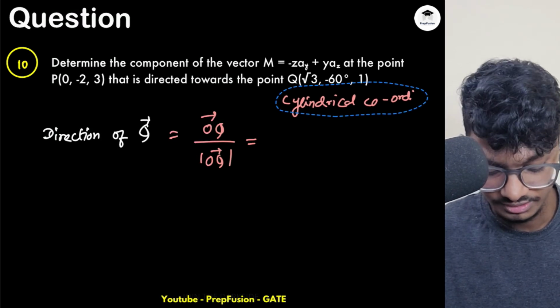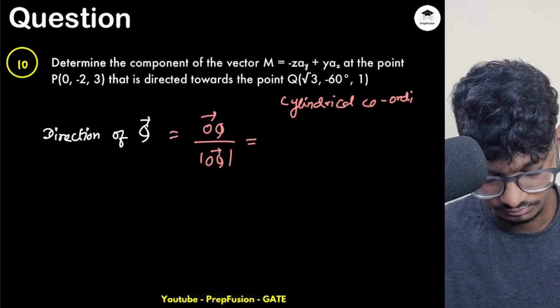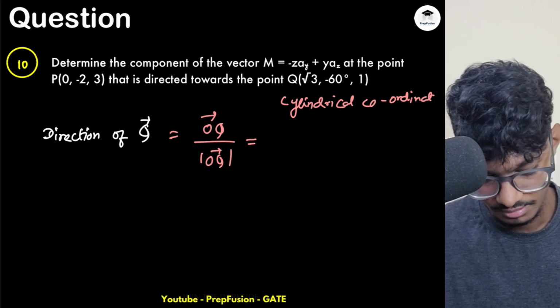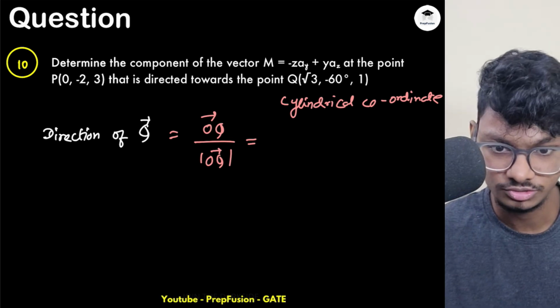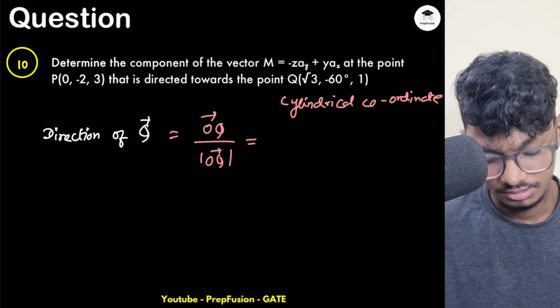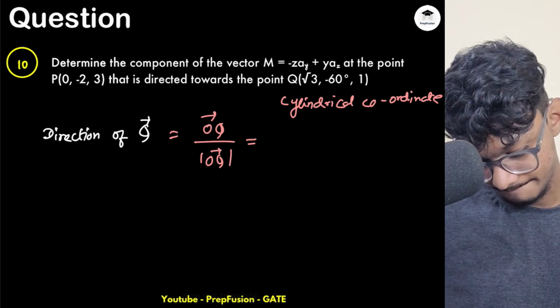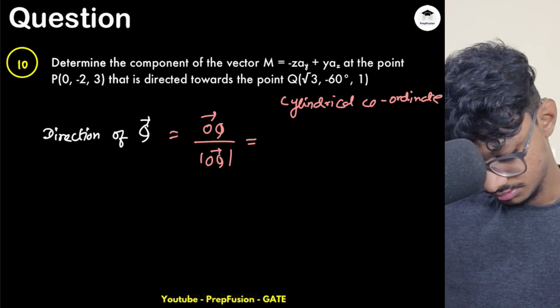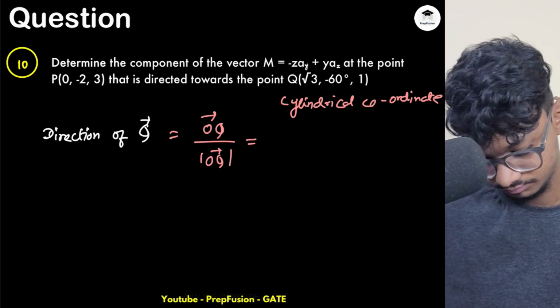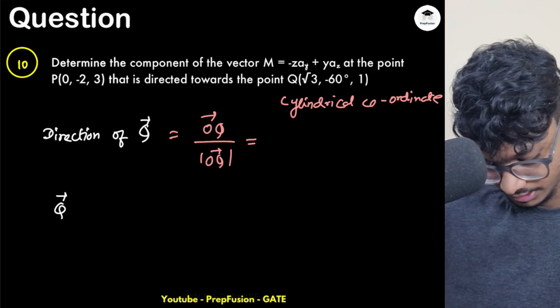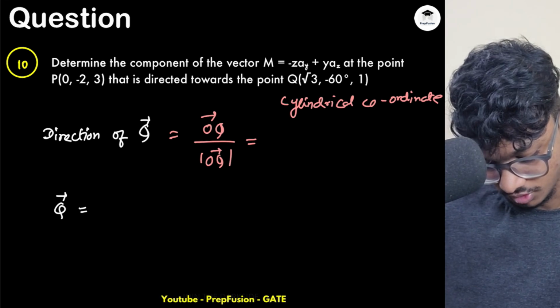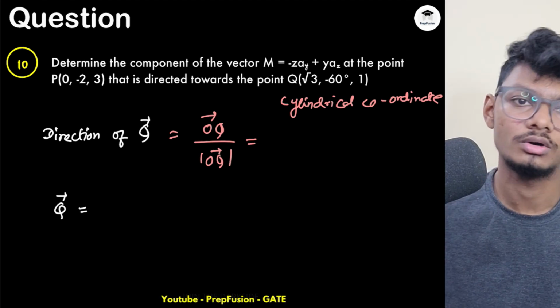So I can simply convert this into spherical. How do I convert this? The OQ vector, I can write like this as well. This will be rho cos phi, so root 3 into cos 60.